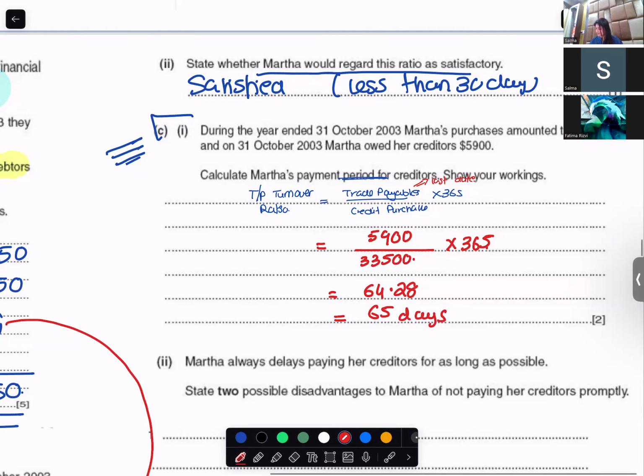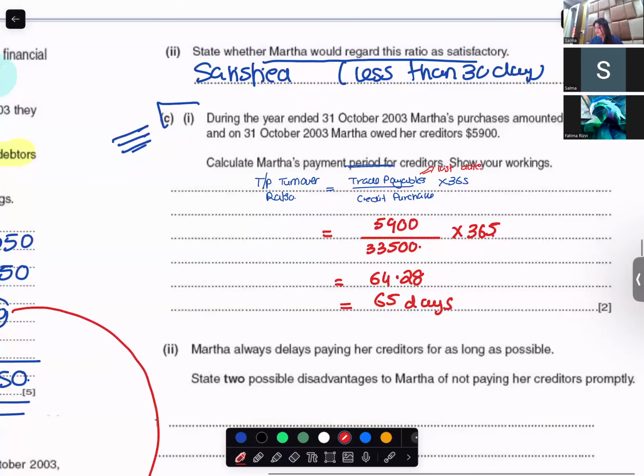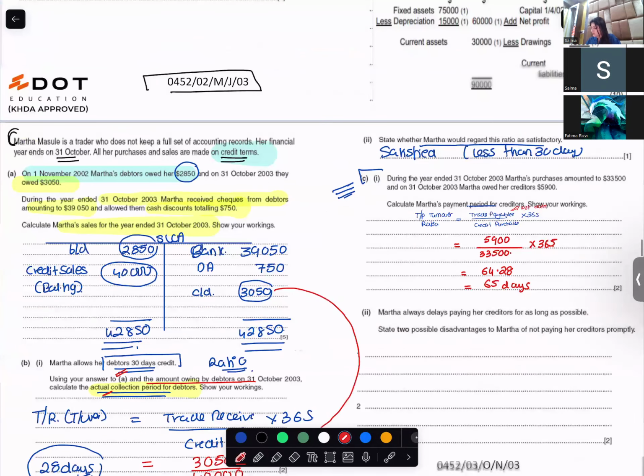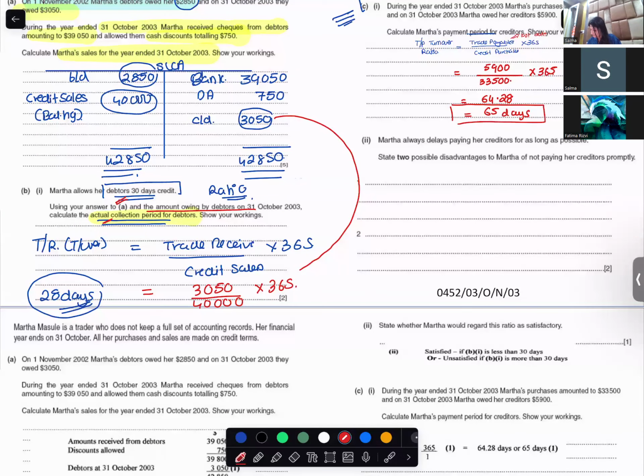64 days. When our trade payable turnover ratio is 65 days, what does this mean? So that means she's paying them very late. It means we are paying them after 65 days.